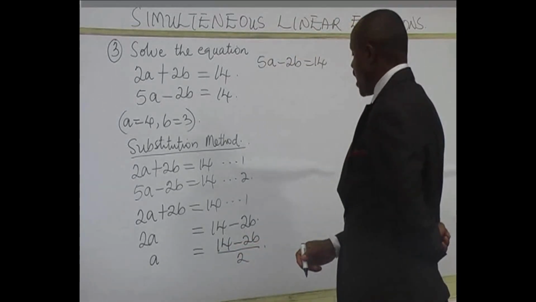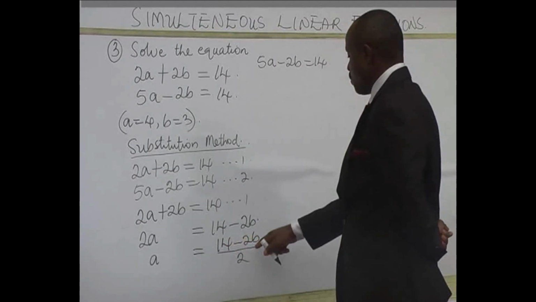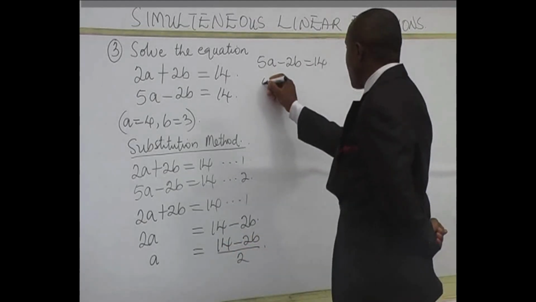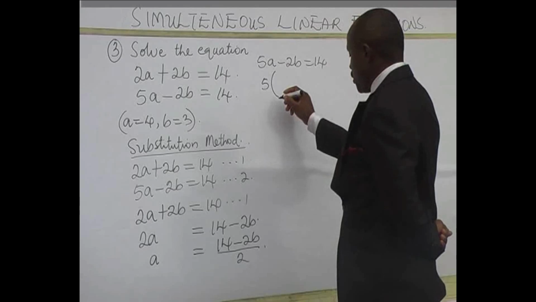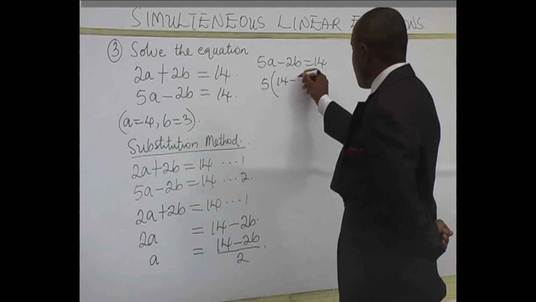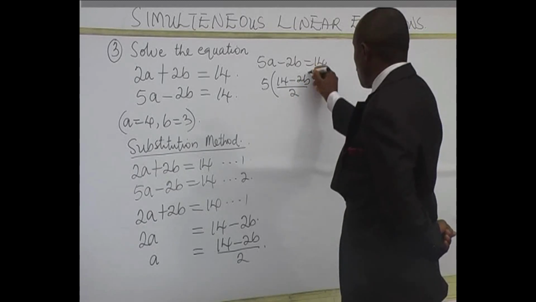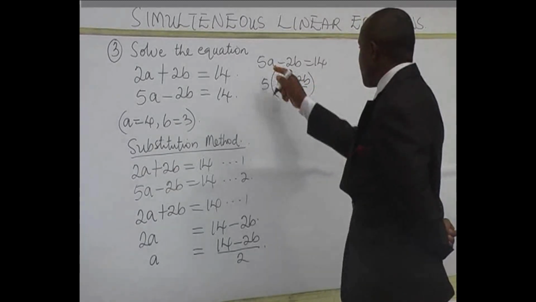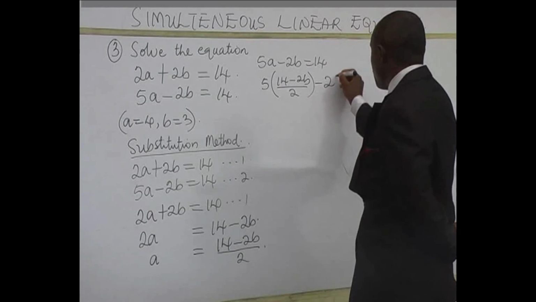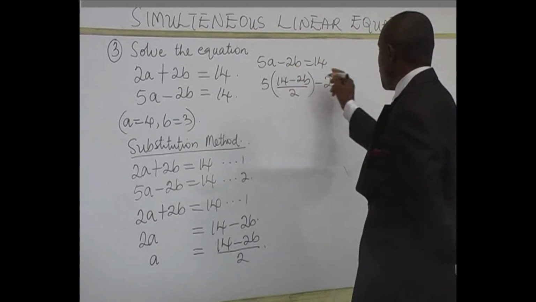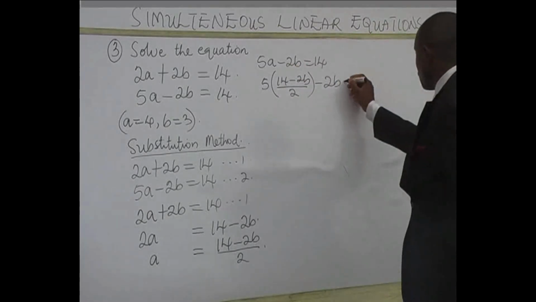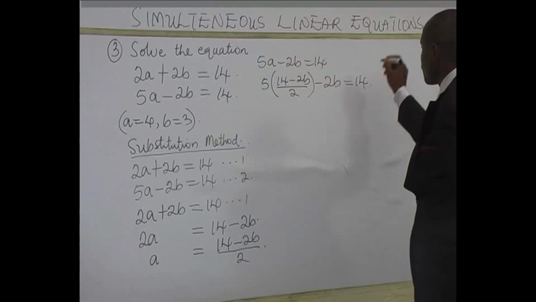So wherever you see a, put 14 minus 2b all over 2. So we are going to have 5 into 14 minus 2b all over 2, which is substituting a. Then minus 2b is equal to 14.